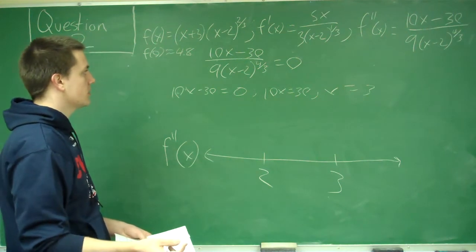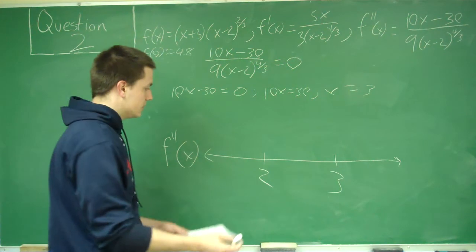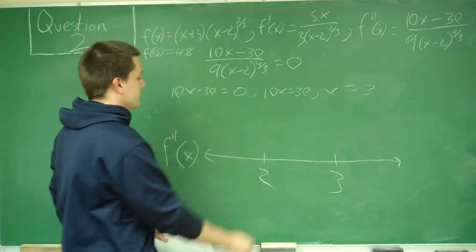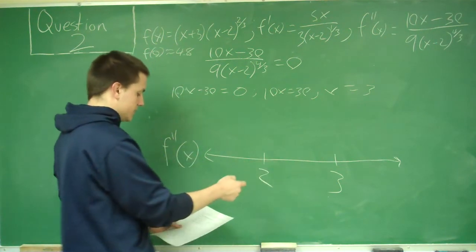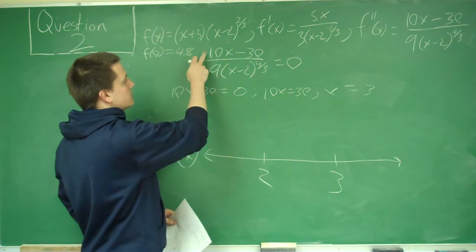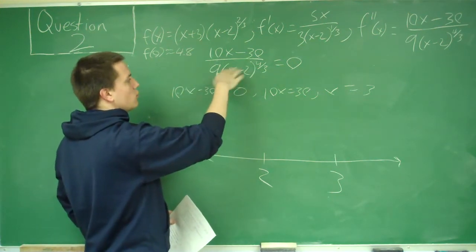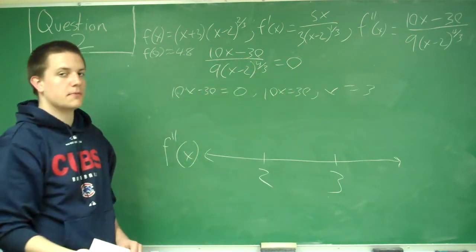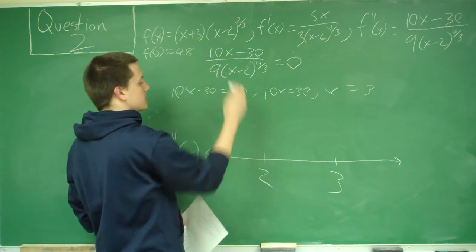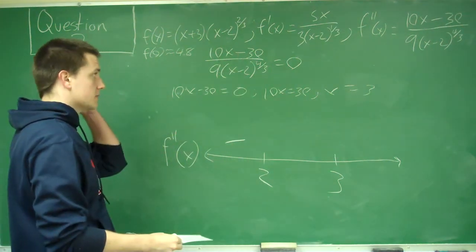So now we can go back and do multiplicity. First we have to test one of the intervals. Actually, it's easier to use this one since 0 is on this interval. We can plug in 0. So we get 0 minus 30, which is negative, over something. No matter what's in here, it's going to be raised to the 4th power, so the bottom is always positive. Whatever the sign is on top is the sign. So it's negative there. Now we can use multiplicity.